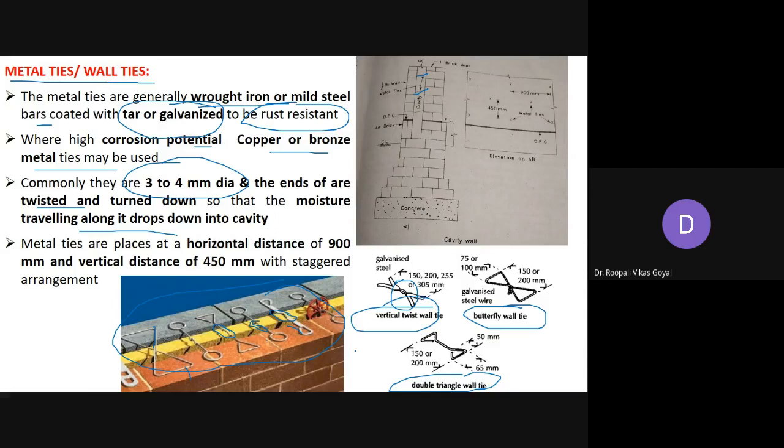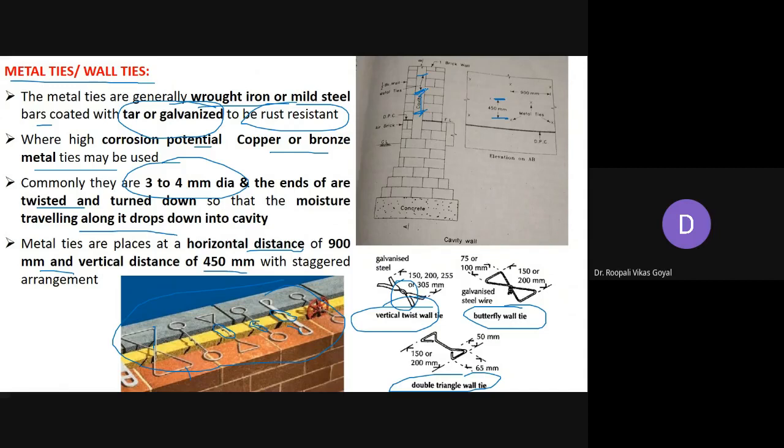These metal ties are placed at a horizontal distance of 900 mm and a vertical distance of 450 mm. So here you can just see this is one metal tie in the particular section. When you see the elevation, this is the vertical distance between the two metal ties.